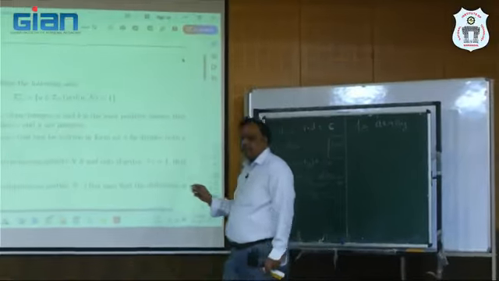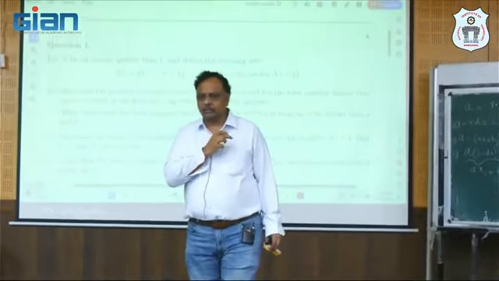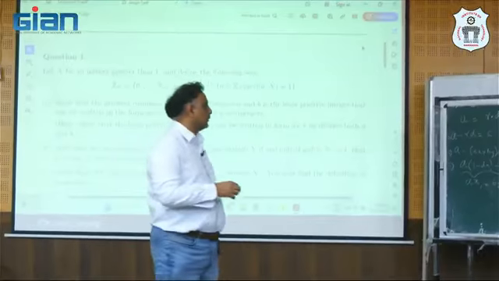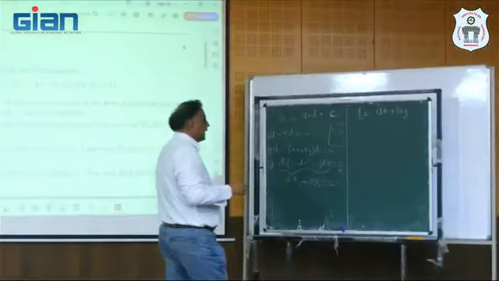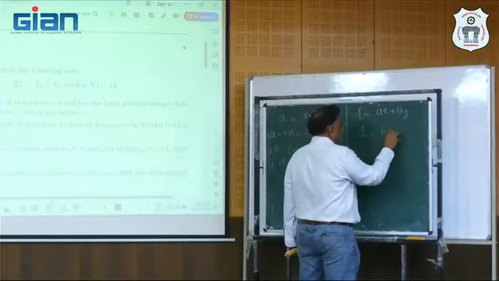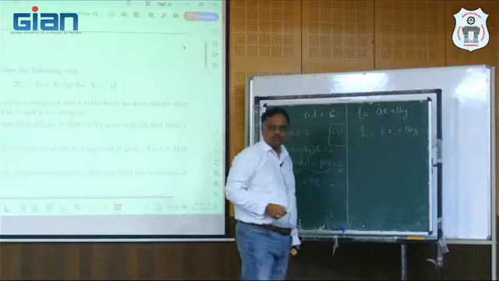If A and n are co-prime, then we can write this equation. Correct? Good. So suppose A and n are co-prime and B and n are also co-prime. Then we can write this equation.